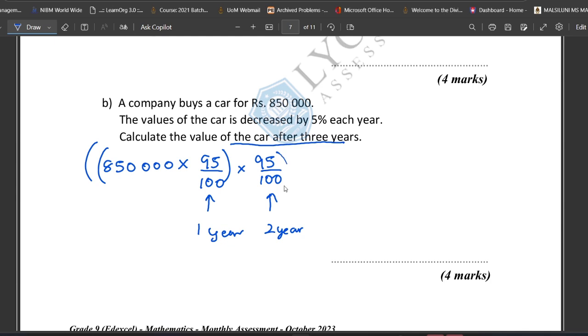For the third year also, 5% will be deducted. This is for the third year. So if we take the value, it would be this value, 7,768.75.